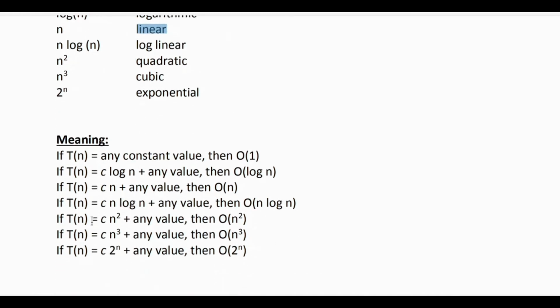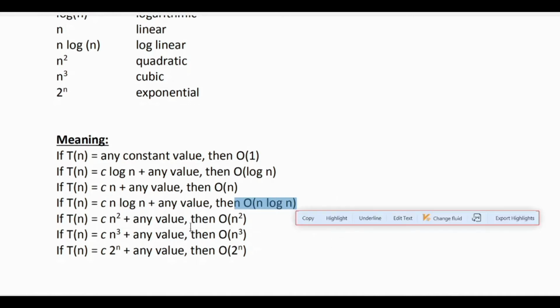If T of n is any constant coefficient times n log n plus any value, then the big O is n log n. It is always the term that grows very large when the value of n grows large, and we simply drop the coefficient when we write the big O.